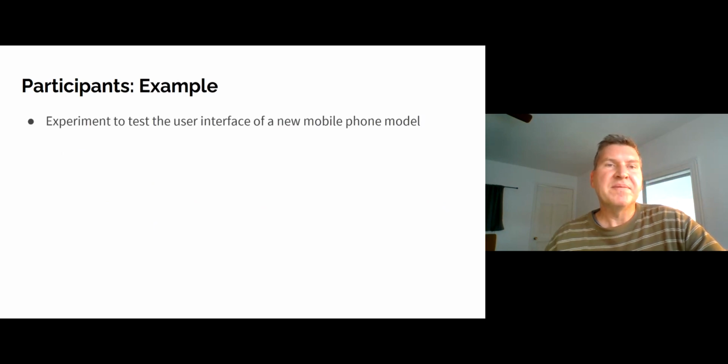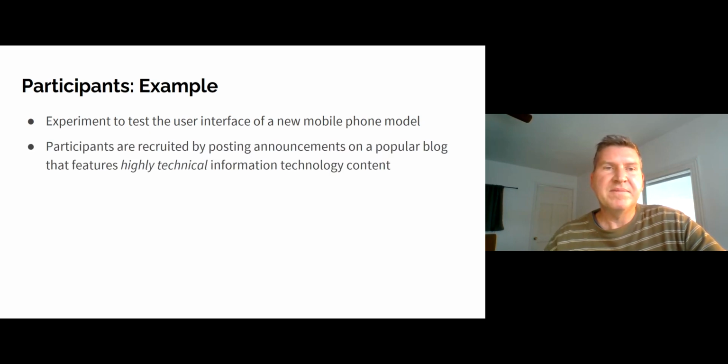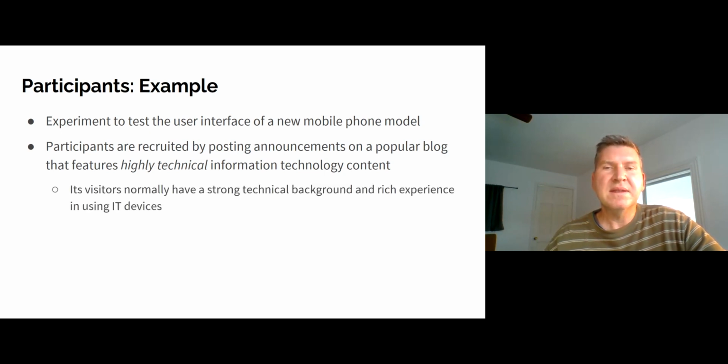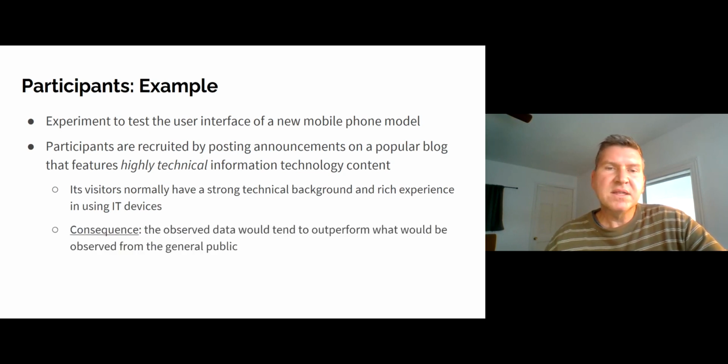Here's an example. An experiment to test a user interface of a new mobile phone. So they're recruited by posting announcements on a blog that features highly technical information. And its visitors normally have a strong technical background. And the consequence is the observed data would outperform what we would observe from the general public.